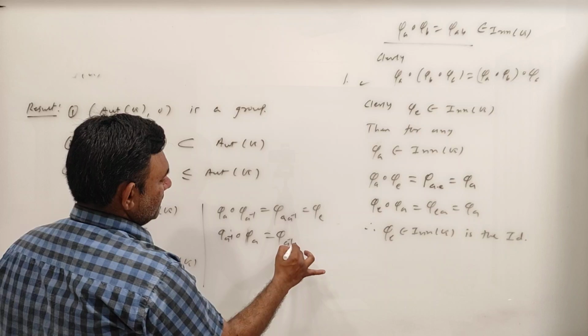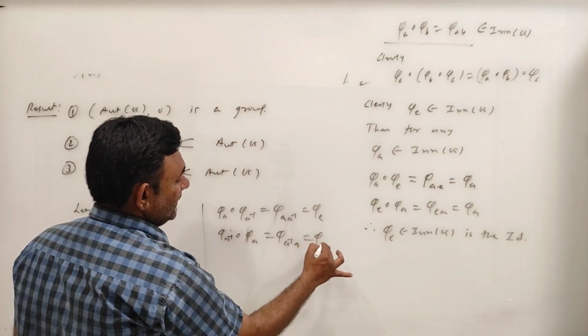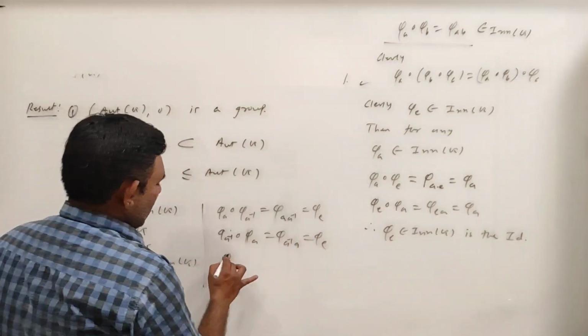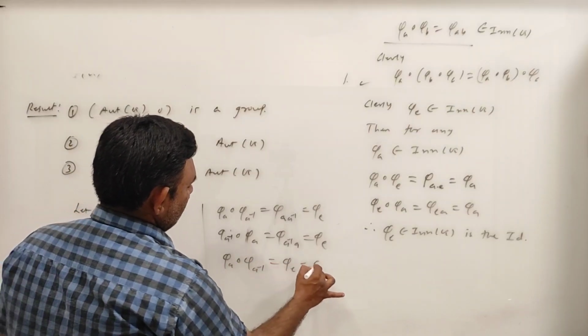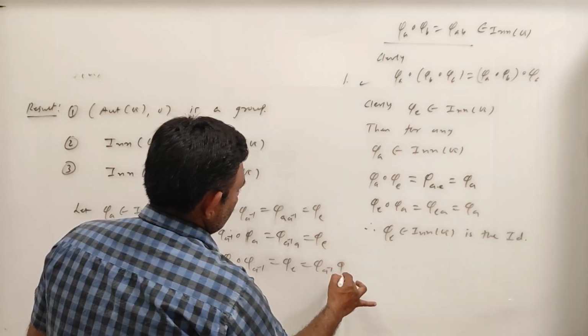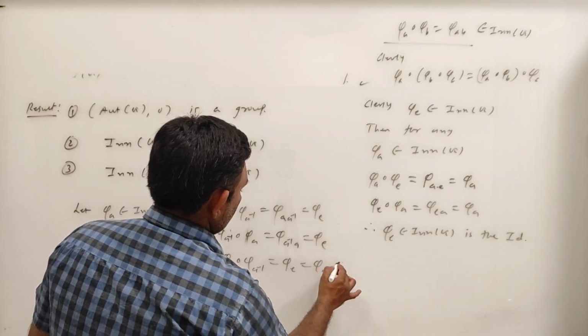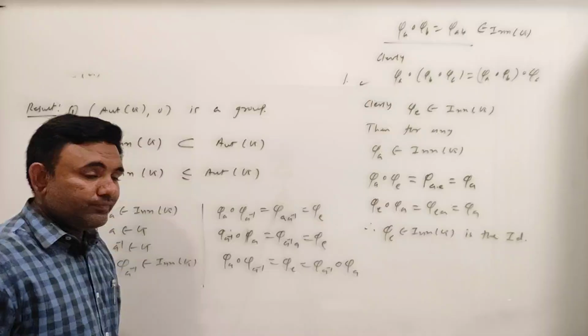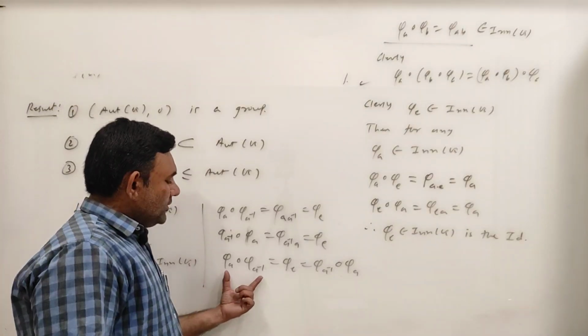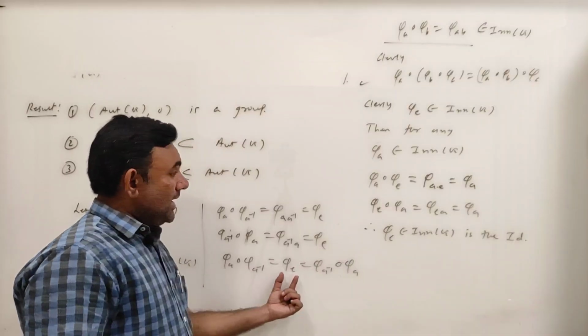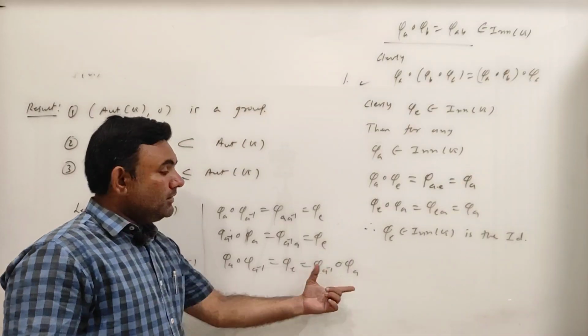Phi A inverse A, and that is phi E. So phi A or phi A inverse is equal to phi E, equal to phi A inverse or phi A. So the composition of the two functions is the identity map in either way.